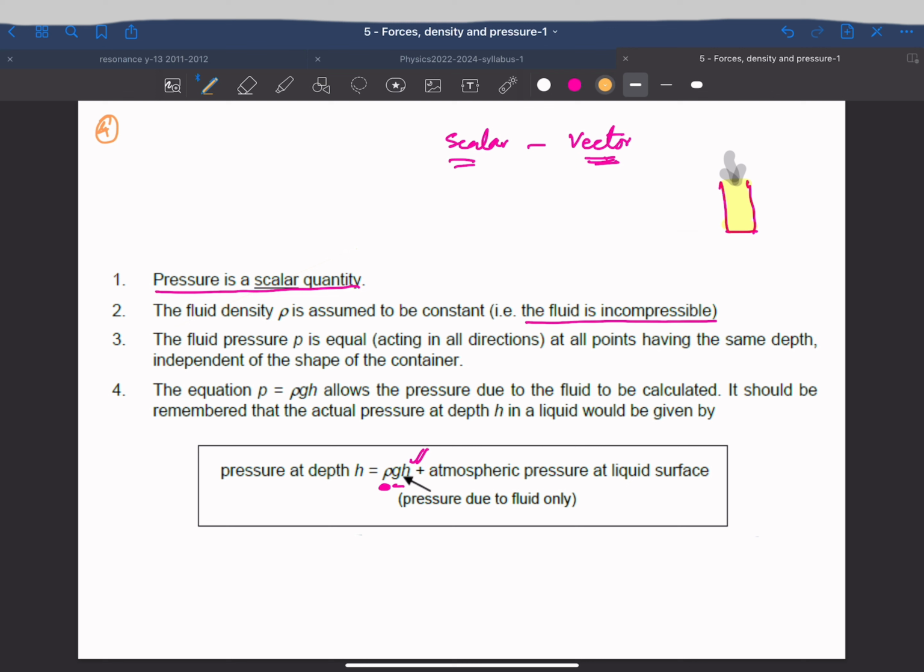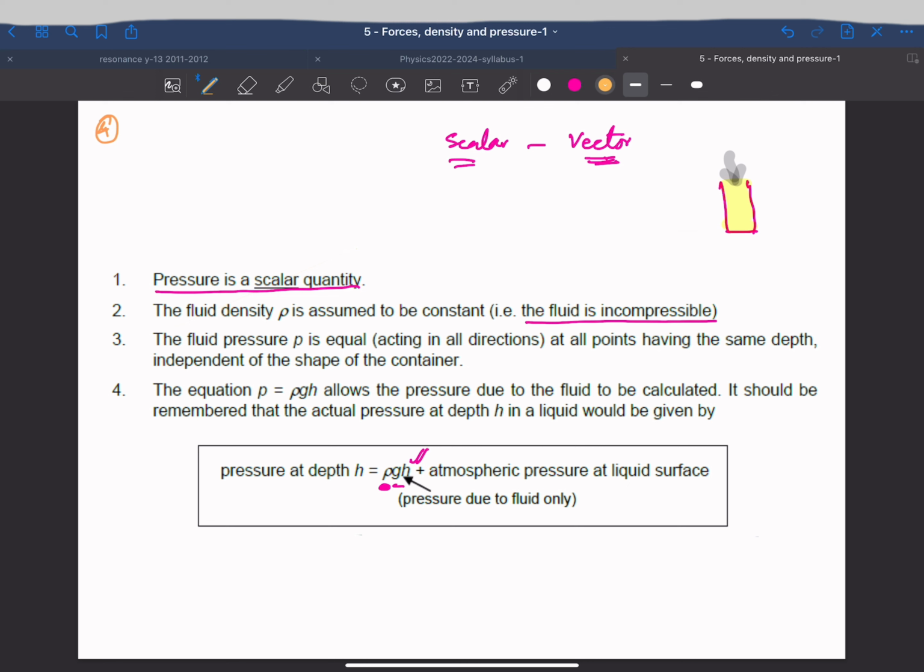Similarly, even if you have a particular volume of air in a balloon, you cannot compress that. Of course, if you apply pressure, the balloon can burst, but the volume of the gas will not change. So this is important, and that's why we are using this term incompressible.